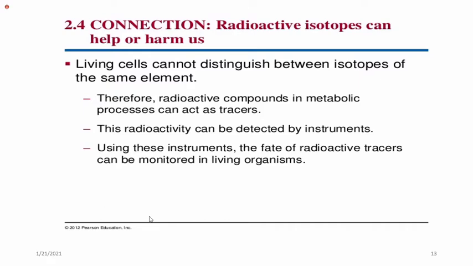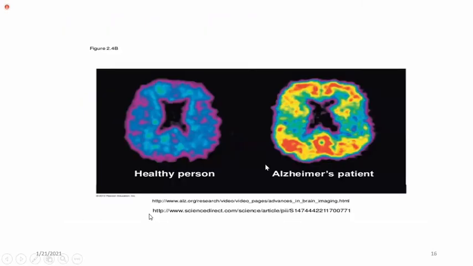So this is the difference you can see here. A healthy person's brain will look like this. On a PET scan, an Alzheimer's patient will look like this. Looking at the images, the clinicians will be able to diagnose the disorders.